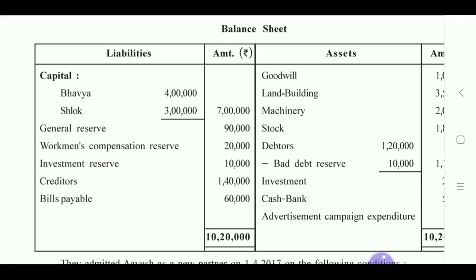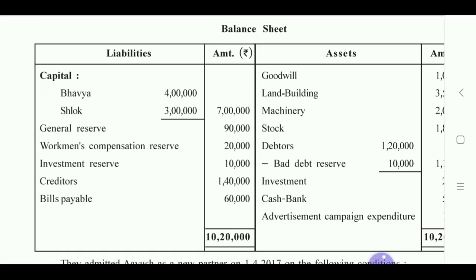Then the next thing, general reserve. There was no adjustment regarding general reserve, and this is a reserve. It's not a liability. So how to deal with the reserves in surplus? I have uploaded a video regarding this. If you have gone through that video, you will understand this better.